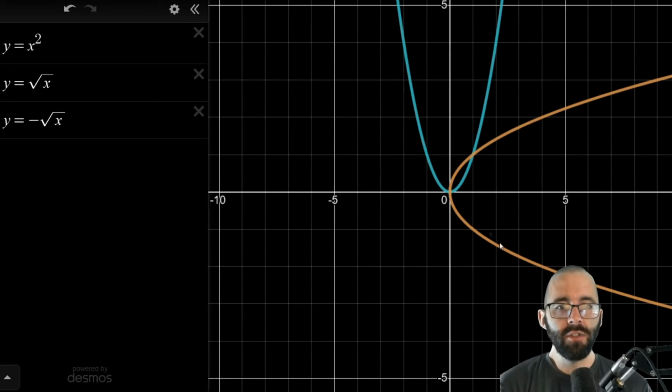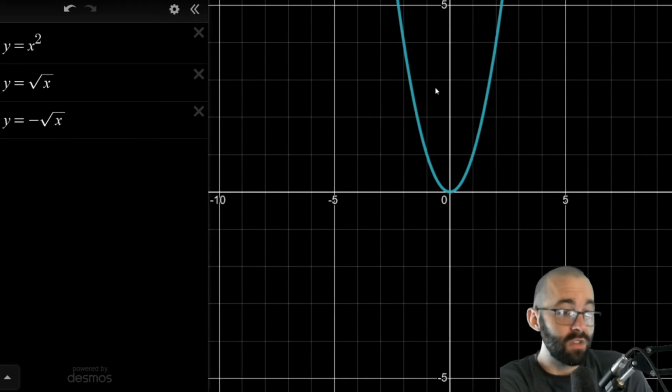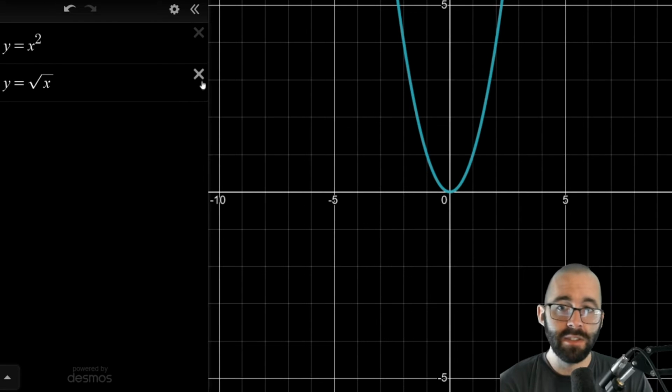This orange inverse, that reflection across that diagonal line, is not a function because it doesn't pass the vertical line test. So a function only has an inverse if it passes what's known as a horizontal line test. If there's any horizontal line that crosses a graph more than once, it's not going to have an inverse.